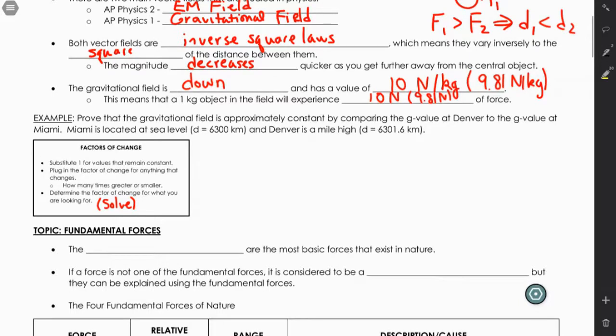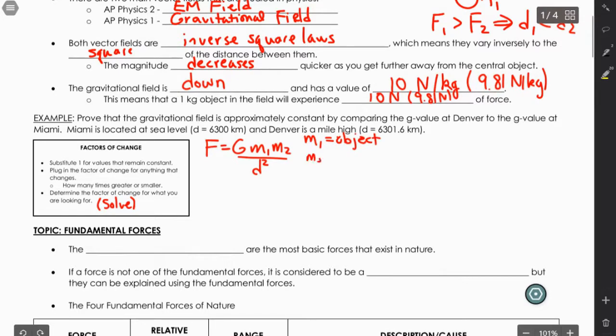A little preview of an upcoming equation: the gravitational force is G m1 m2 over d squared. G is a constant. You have mass 1, mass 2, and the distance squared. Mass 1 would be the object, and mass 2 would be the Earth.